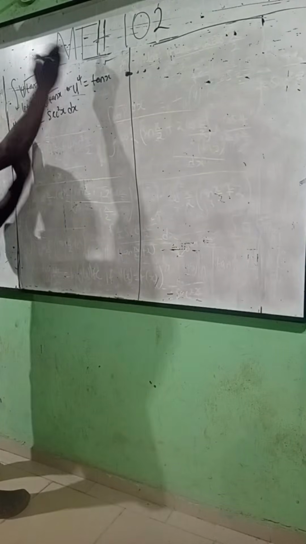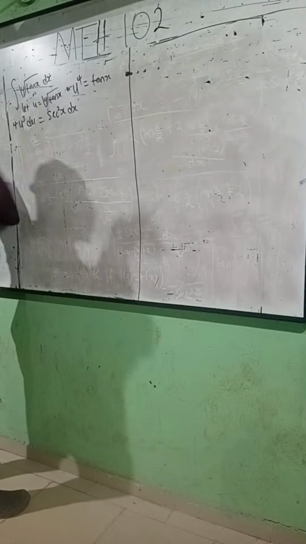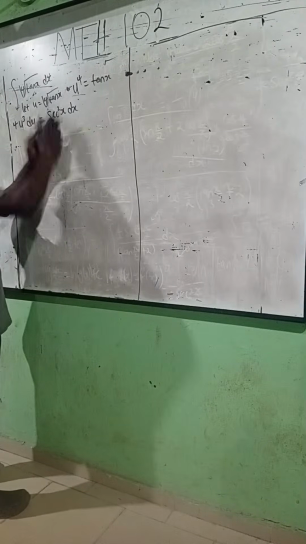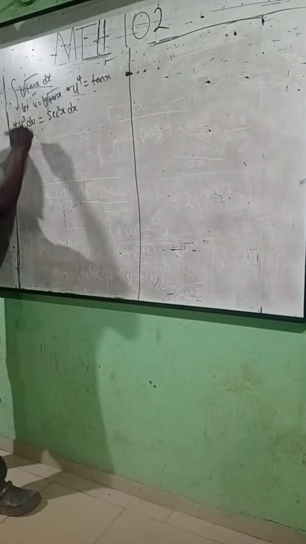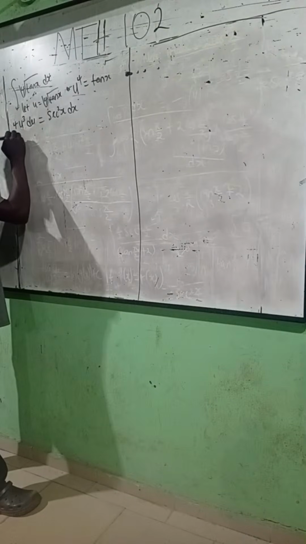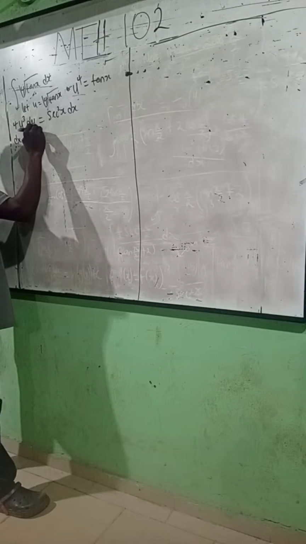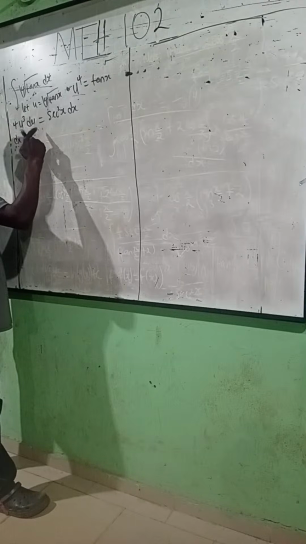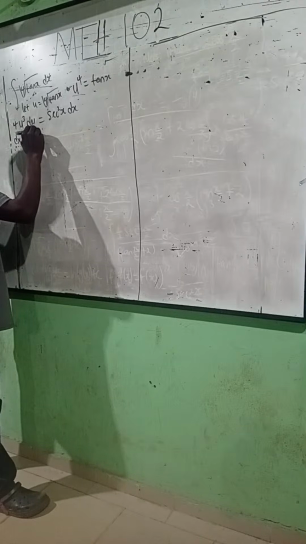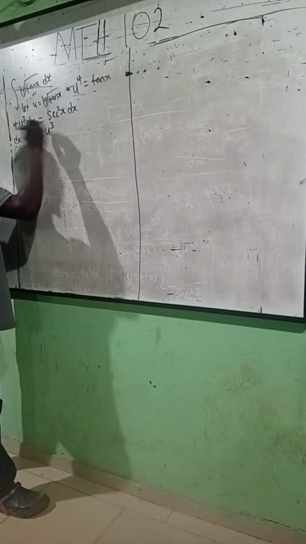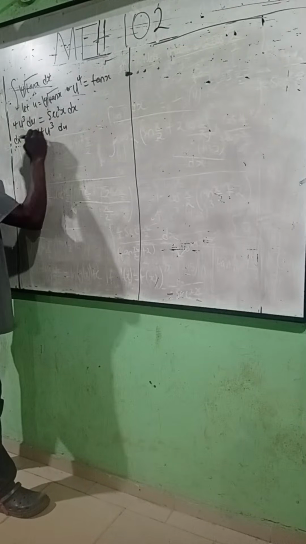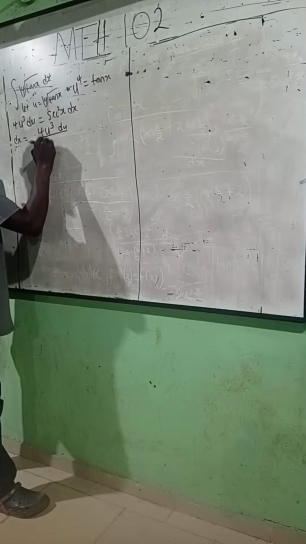So differentiating u raised to power 4 gives 4u cubed du, and differentiating tan x gives sec square x dx. Making dx the subject of the formula, dx equals 4u cubed du over sec square x.